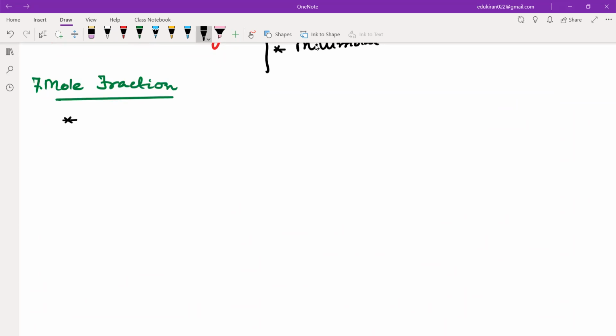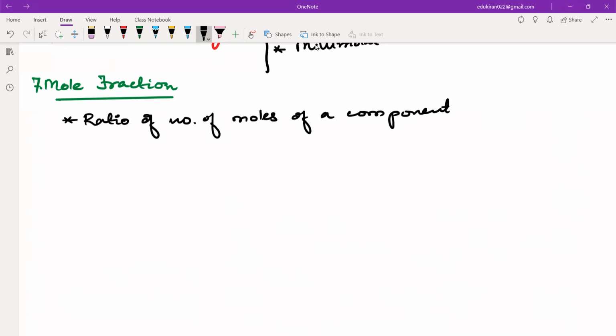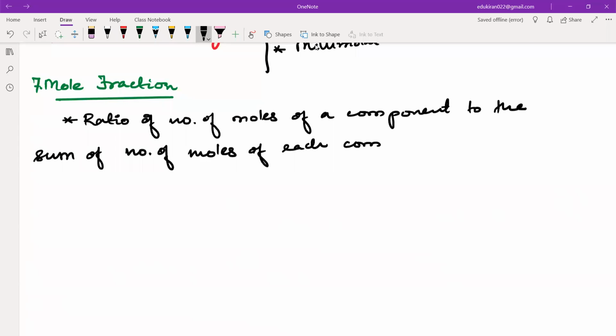Mole fraction is the ratio of the number of moles of a component to the sum of the number of moles of each component.